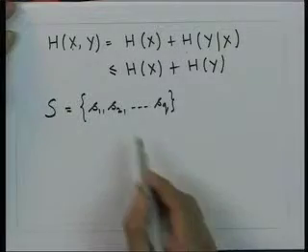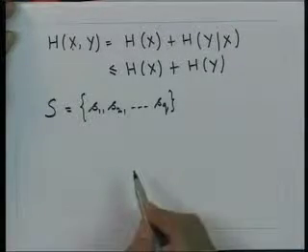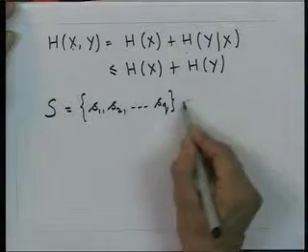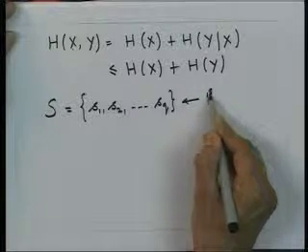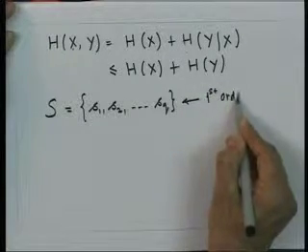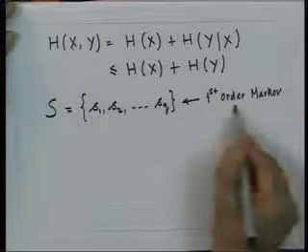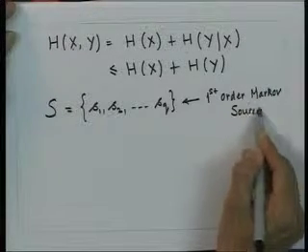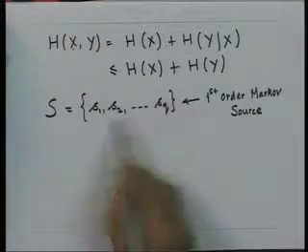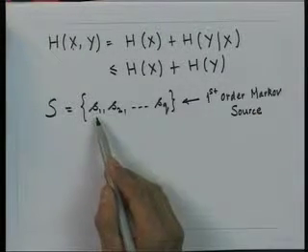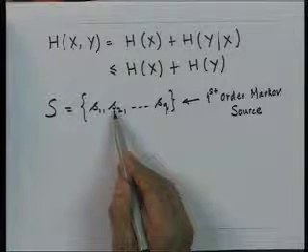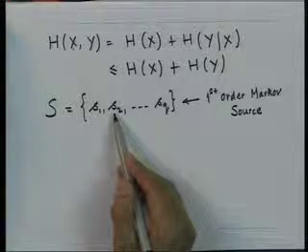The size of the alphabet of this source is Q, and this is the first order Markov source. What I mean by first order Markov source is that the occurrence of any particular symbol will be dependent upon the occurrence of the previous symbol. That is what we mean by the first order Markov source.